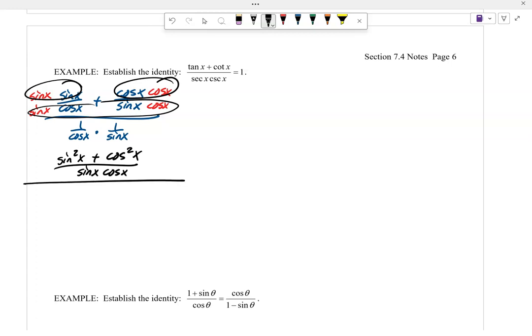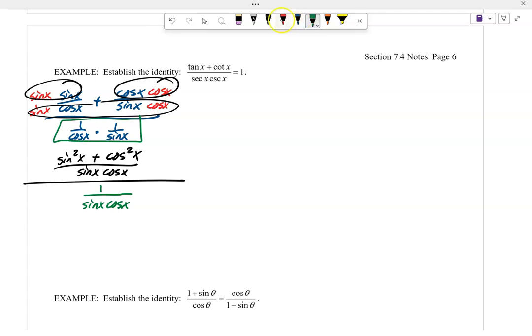And then this is all over 1 over cosine times 1 over sine. In other words, 1 over sine cosine. It's the same thing, or cosine sine, right?